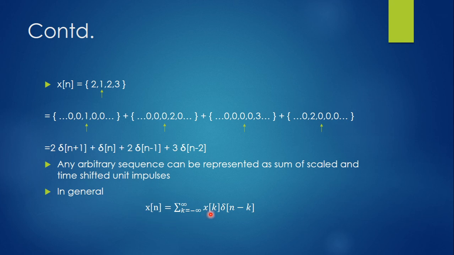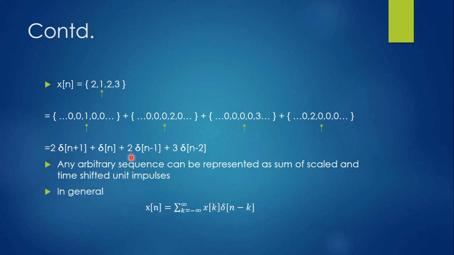Mathematically, it is written as x[k] delta n minus k. You had the 0th sample, it will be multiplied by the 0th input, that is 1 in this case. If it is shifted by minus 1, k is equal to 1, it will be multiplied by x[k], where x[1] in this case is 2.